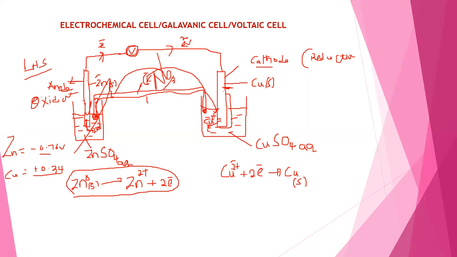Then you have to draw the salt bridge. You connect the two solutions using the salt bridge, and you indicate the salt. The reason why we call it a salt bridge is that there is a salt.